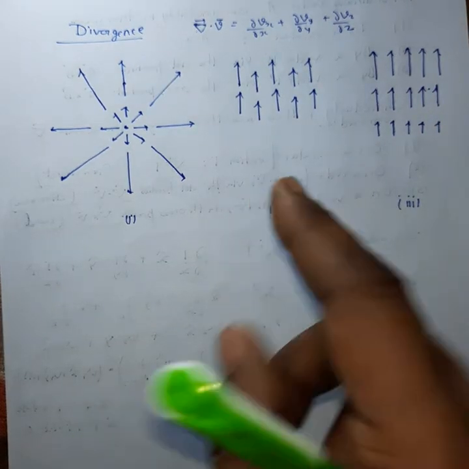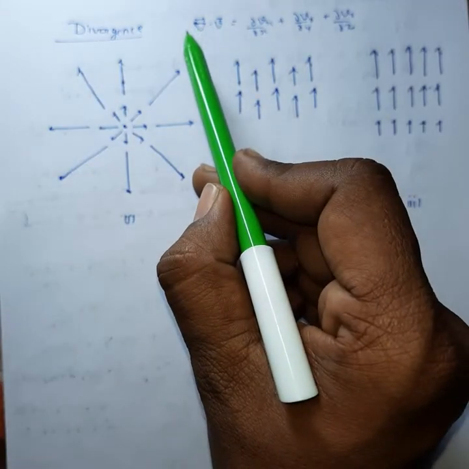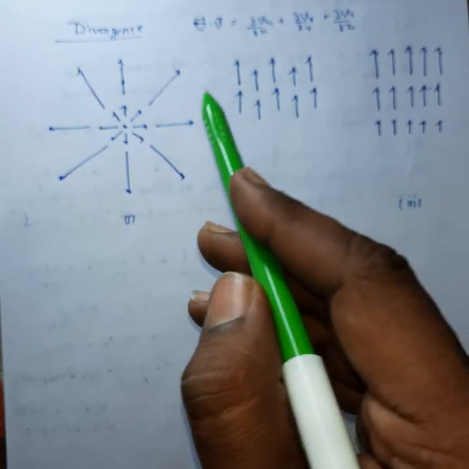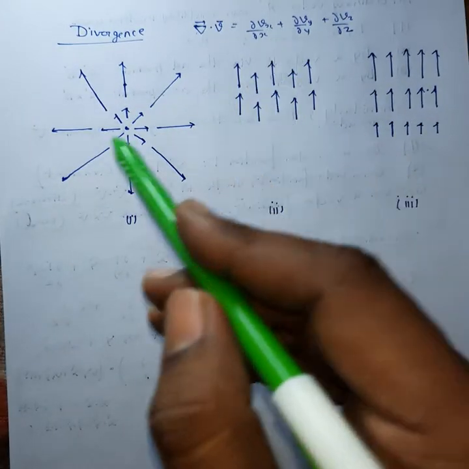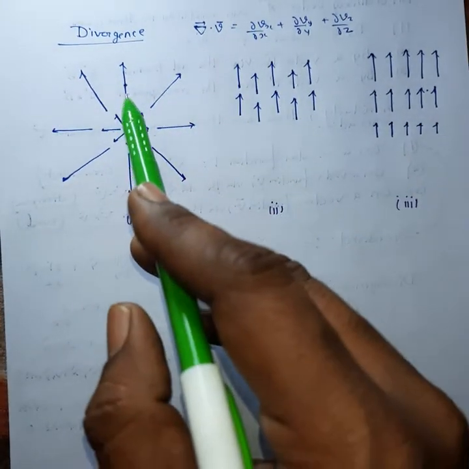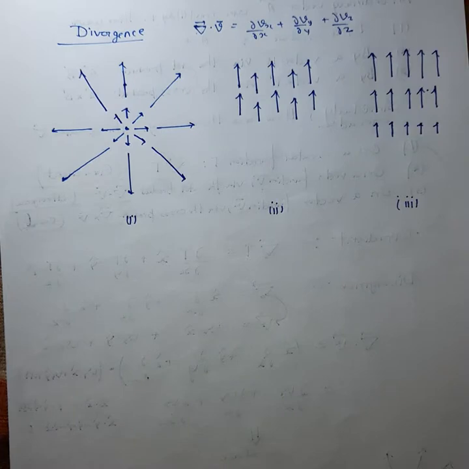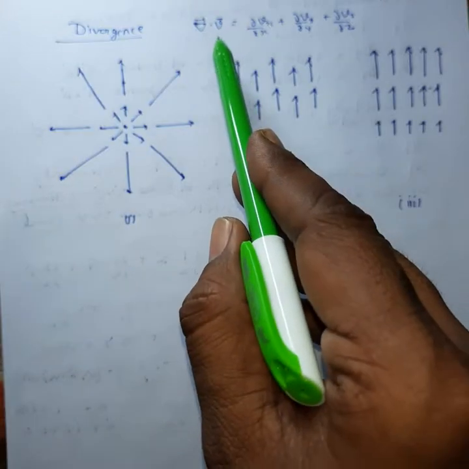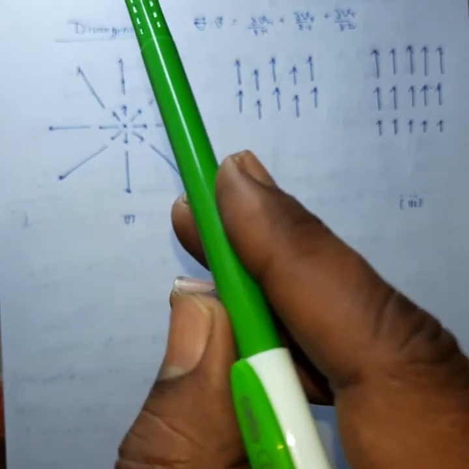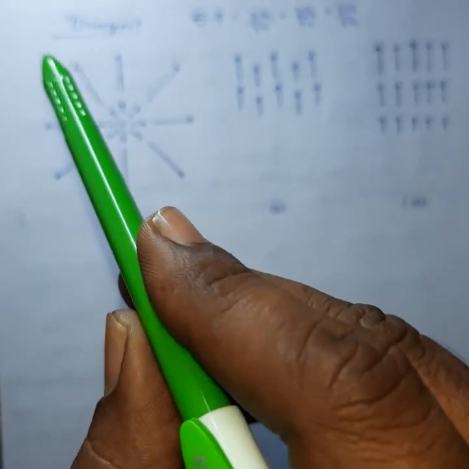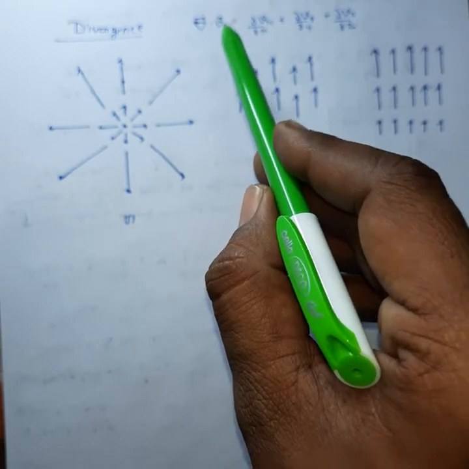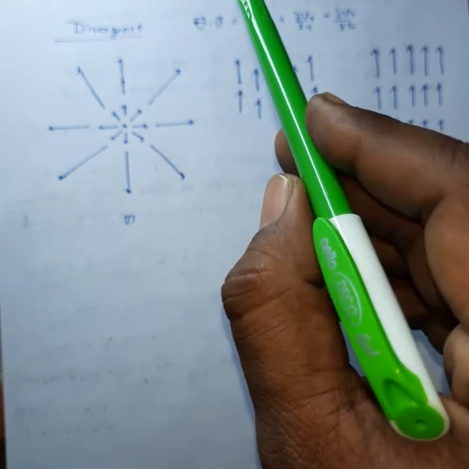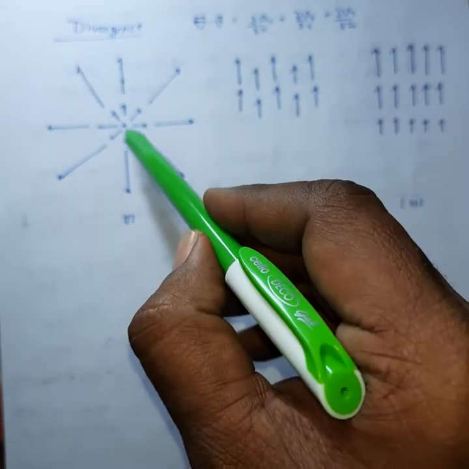Therefore you can say that del dot v is a measure of how much the vector v diverges from the point in question. So divergence of v is a measurement of how much the vector v is spread out from the point in question.